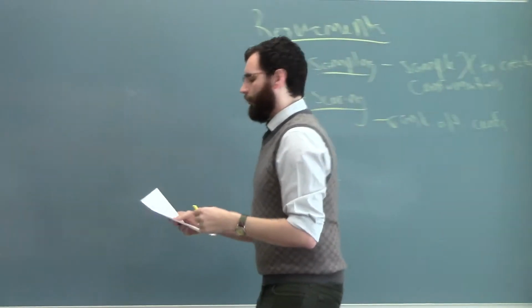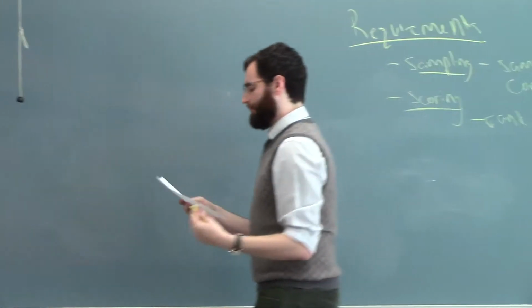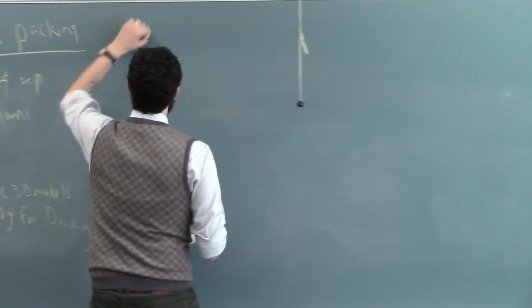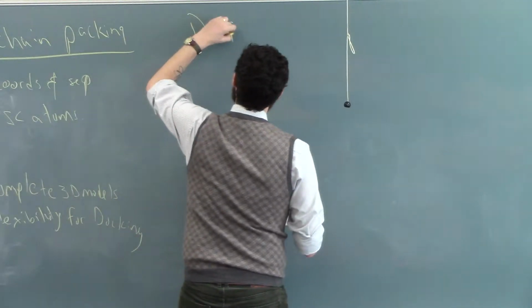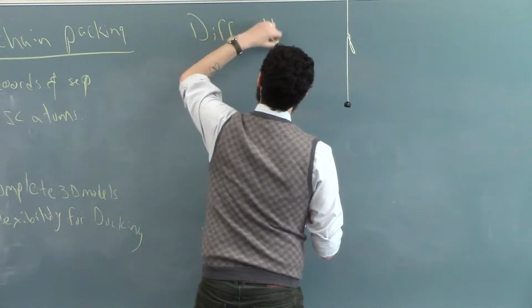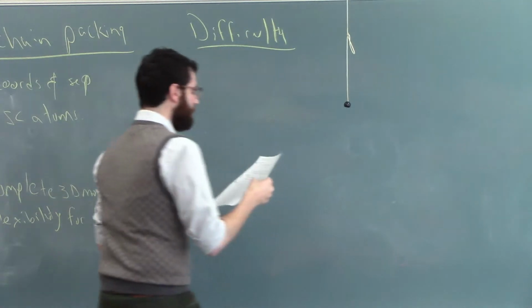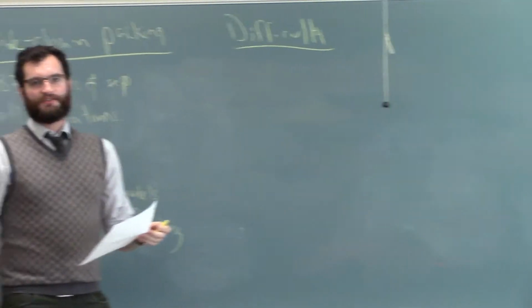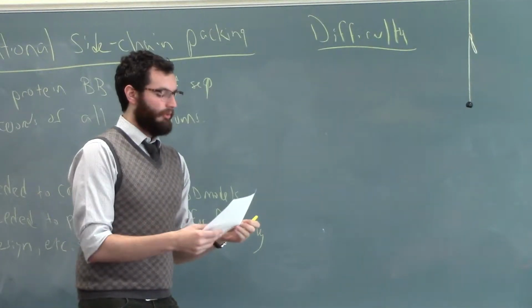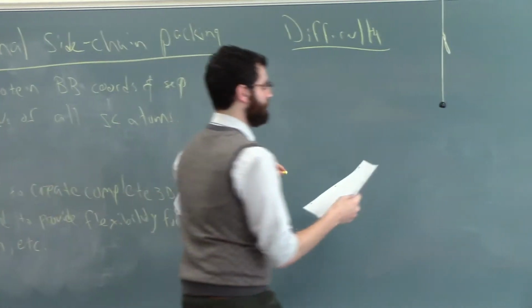So what's the scale of this problem? About how difficult is it? Let's start off with a 50 amino acid residue protein, so that's pretty small.